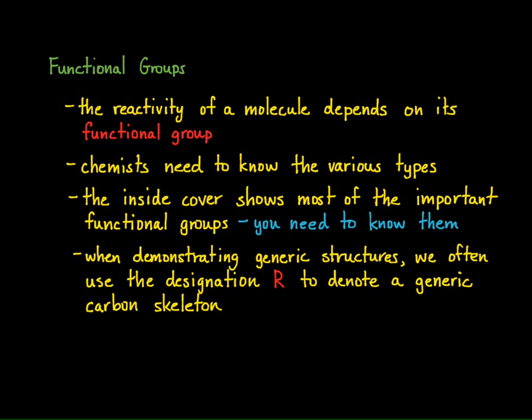So we need to recognize that we have some carbon skeleton, and coming off of this carbon skeleton is a functional group that we're highlighting to really understand how to name it and the chemistry of it. So for example, if I have RH, that simply means that the hydrogen I'm highlighting is the functional group. And in this case, that is what an alkane is.